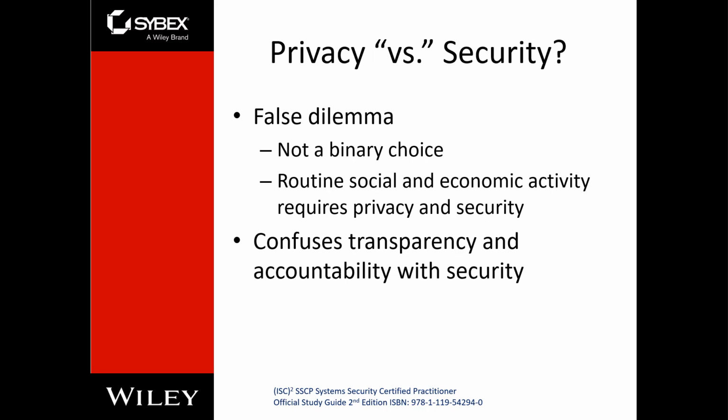There is a little comparison between privacy and security. The issue is they're not binary choices. It's not one or the other. You can actually have privacy and security. It's about having a nice balance between the two. And oftentimes transparency is confused with accountability within security. We can verify that controls are in place to protect a resource without understanding what the controls are.